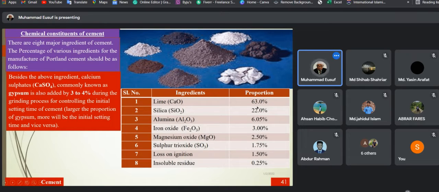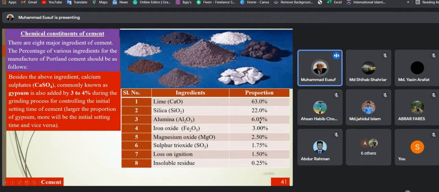Let us see how much it is. 63 plus 22 is 85. Then 91, 94, 95, 96, 97, 98. Keep it, 98. Then 0.5, 0.55, 0.75.